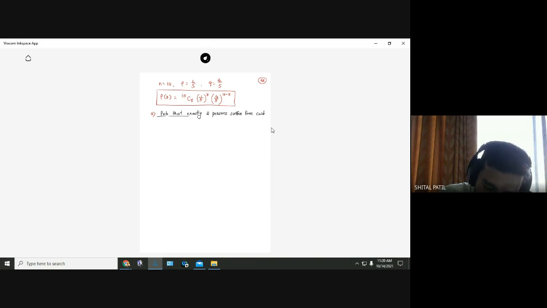Okay. So what is R here? R is equal to 2. So 10C2, 1/5 raised to 2, 4/5 raised to 8.